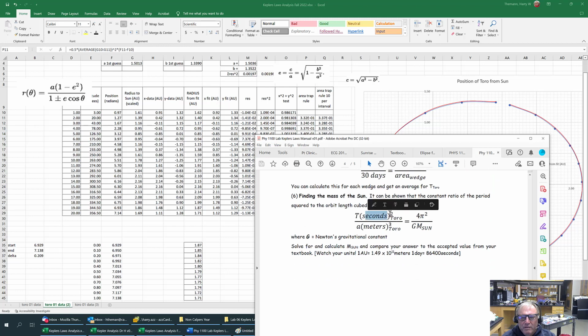It's squared, I guess I should have put that there. And then A is in AUs, so you convert that to meters. Then you have to solve for the mass, and I'm going to assume you know how to do that, because once you plug all these numbers in, you've got to solve for that.